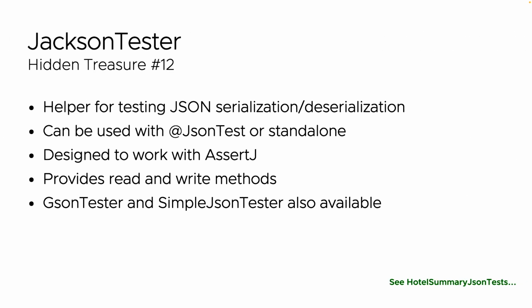And then the final one we looked at here was the Jackson tester. This is a class that's designed to work with AssertJ. You can use the JSON test annotation if you want to inject one, but you can also use it directly and just new one up and then use it to test methods.